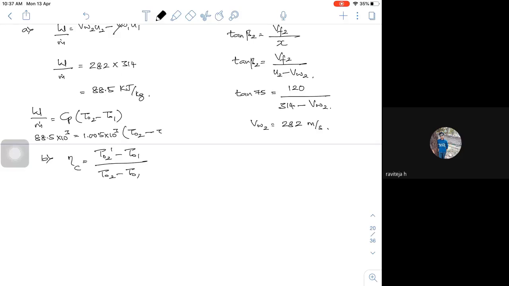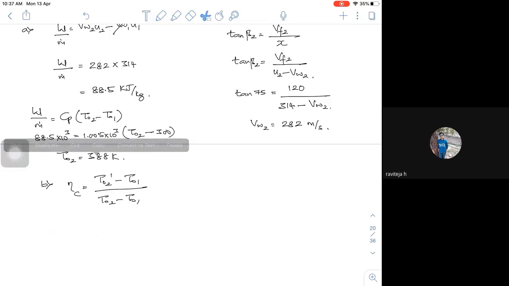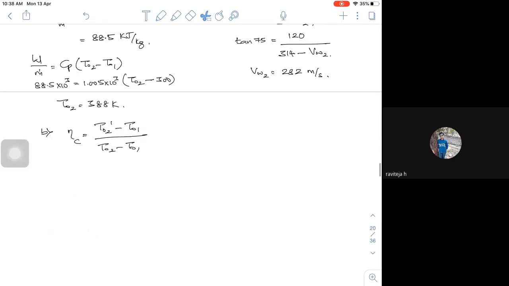If I do that, I will get the corresponding T02 as around 388 Kelvin. This temperature I can substitute to calculate the missing T02 dash.